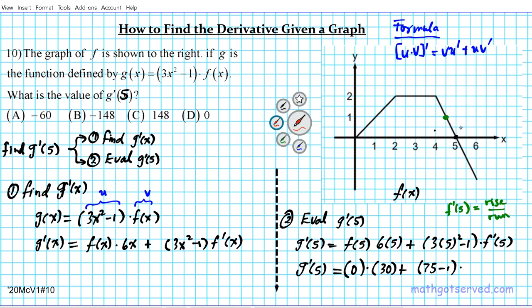In this particular case, we're dropping 2 units, so we have a negative rise, -2, and we're running 1. So your rise over run is -2 over 1, and that will represent the slope of the tangent line because it's a line segment. So plug it in here, times -2 for f prime of 5.